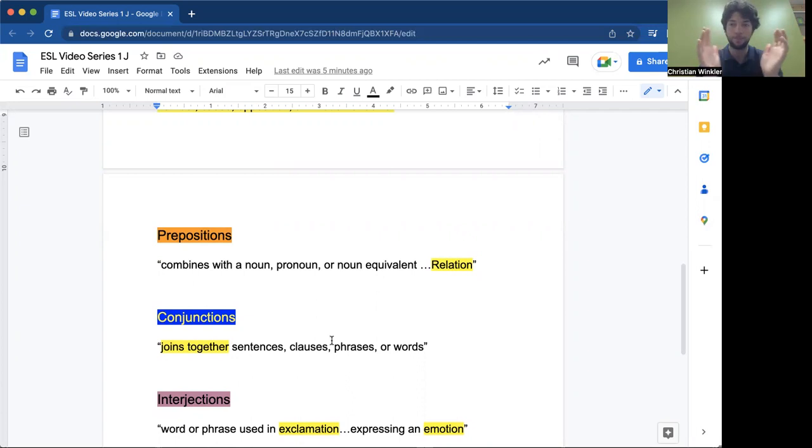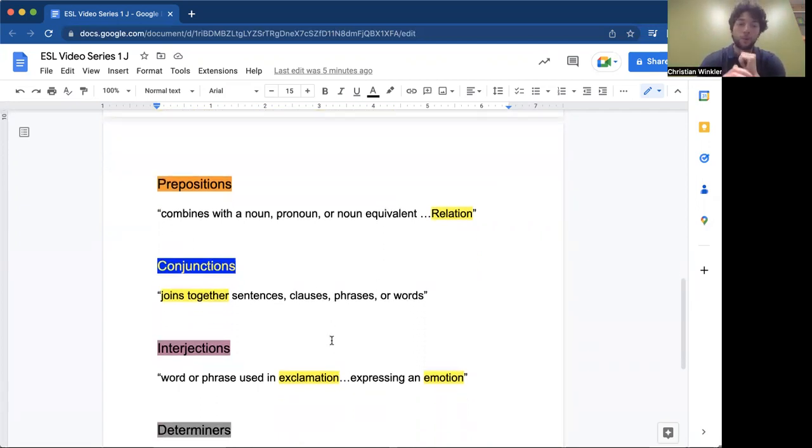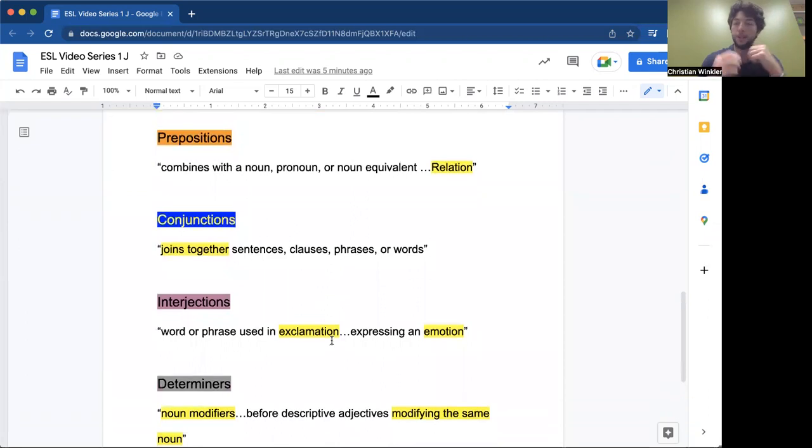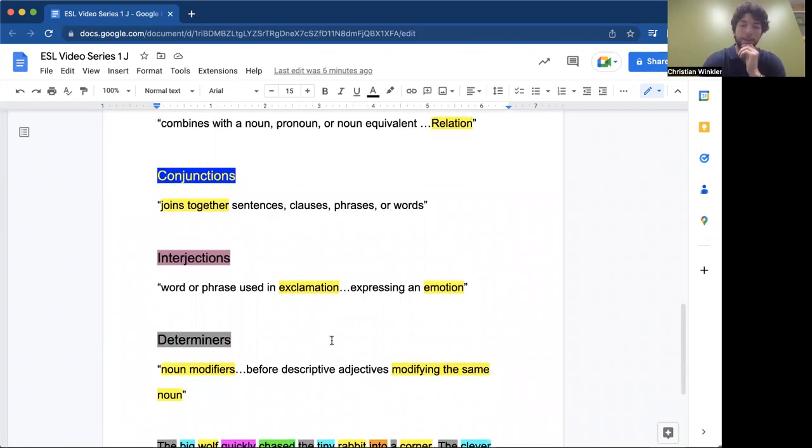That's the key part of a conjunction. And interjections: a word or phrase used as an exclamation expressing an emotion. So they're exclamatory phrases. And then determiners are noun modifiers that come before descriptive adjectives modifying the same noun.